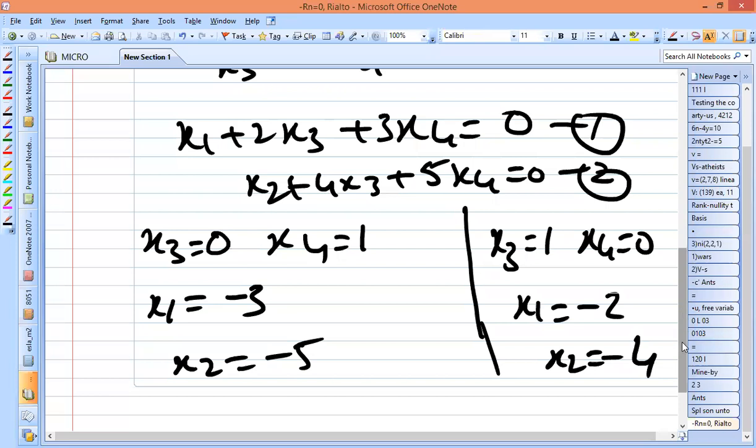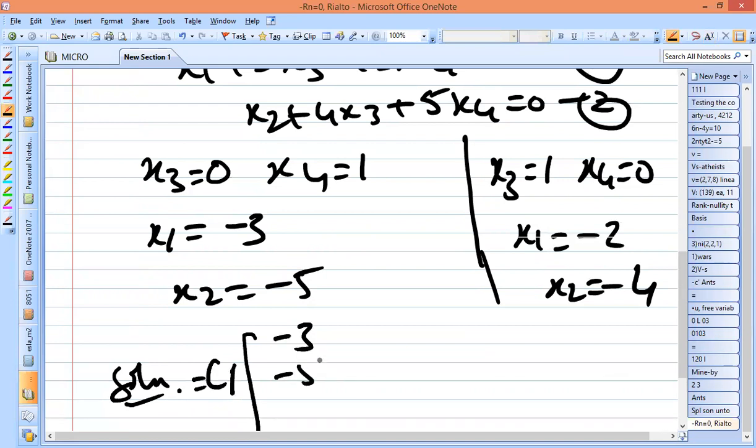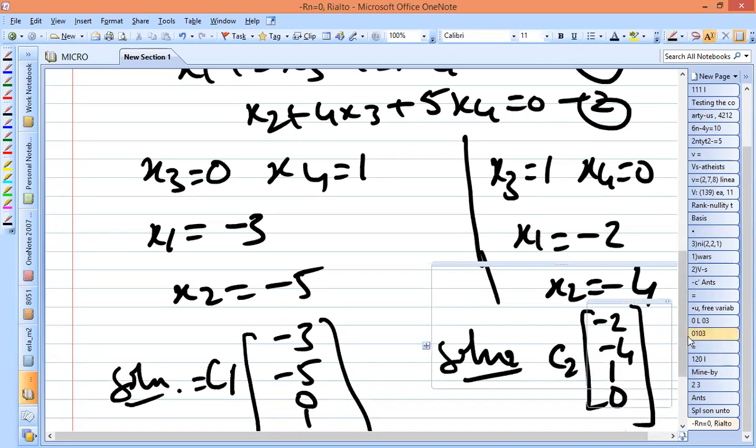Now you can write solution 1 as C1 times (x1 = -3, x2 = -5, x3 = 0, x4 = 1), and solution 2 as C2 times (x1 = -2, x2 = -4, x3 = 1, x4 = 0).